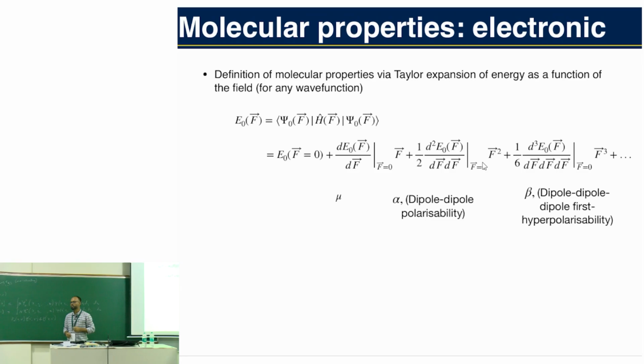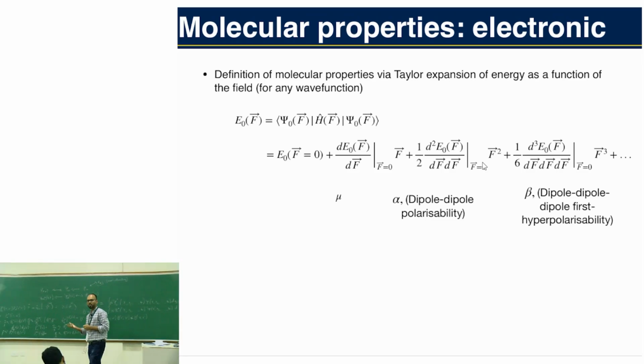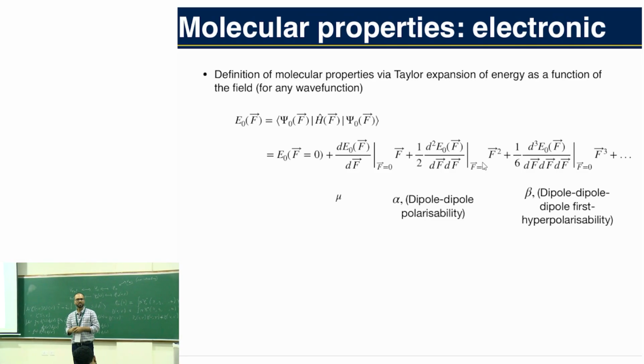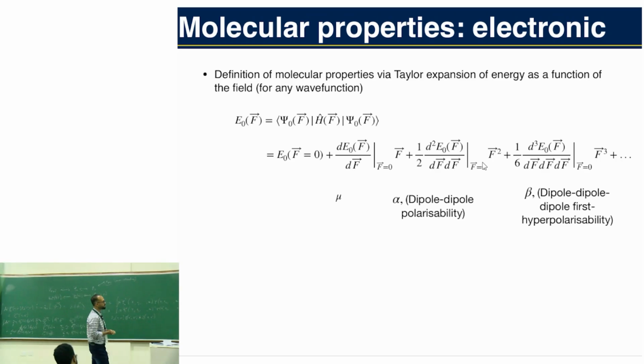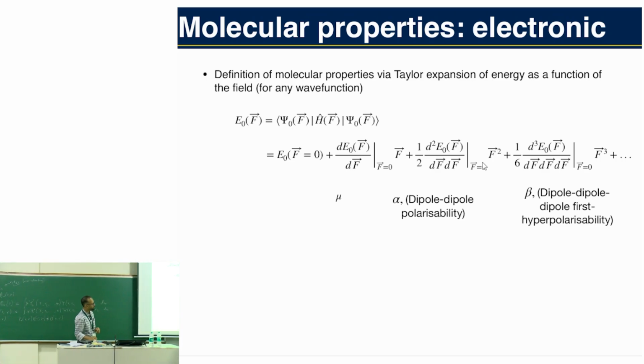Each of these perturbed quantities at different orders corresponds to different molecular properties. The first order perturbation is going to give you the dipole moment. So this is your dipole moment here.